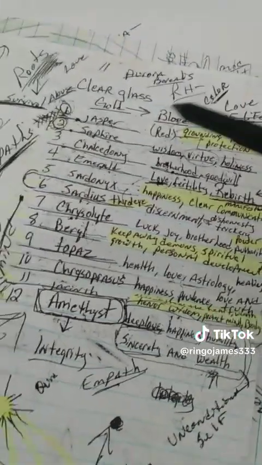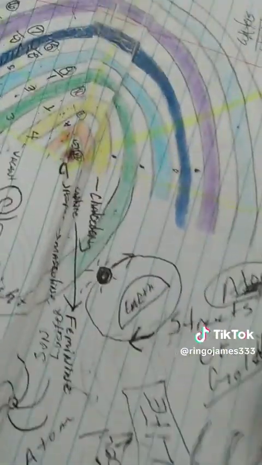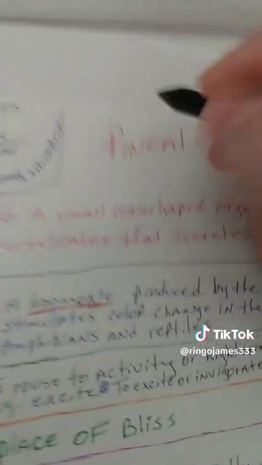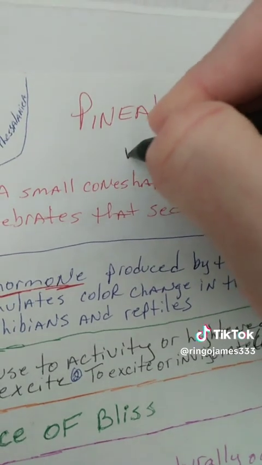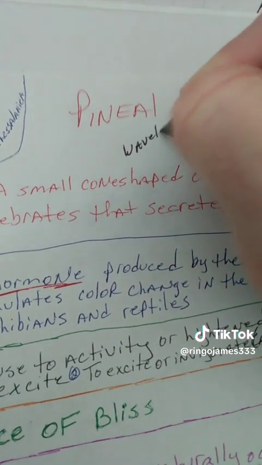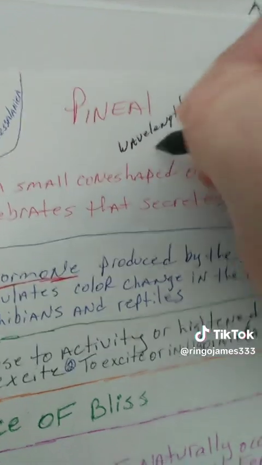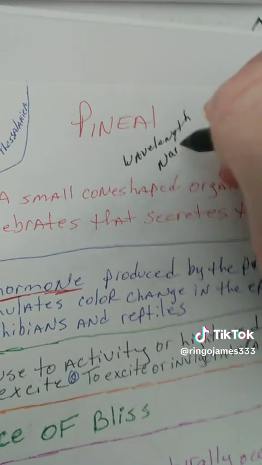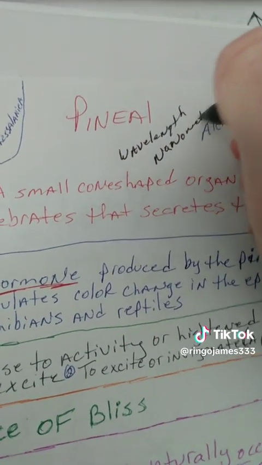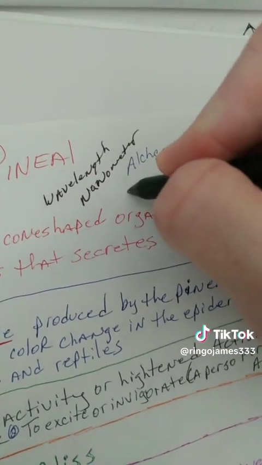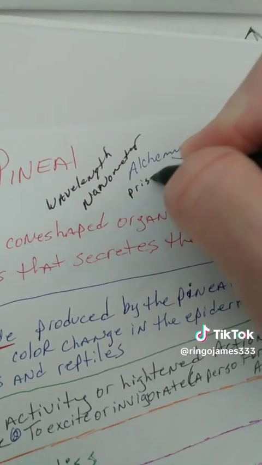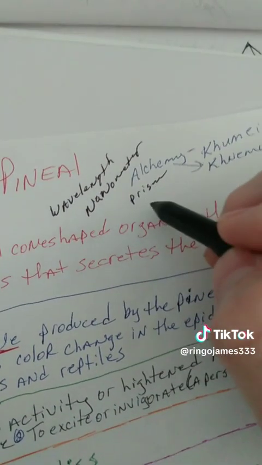Now, all these different colors of the crystals are differentiated or specified by a certain length, as in a wavelength, a nanometer, or a prism, which is a light wave, okay?